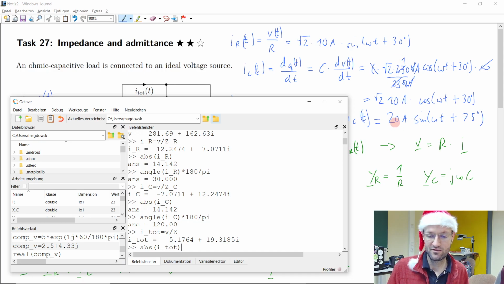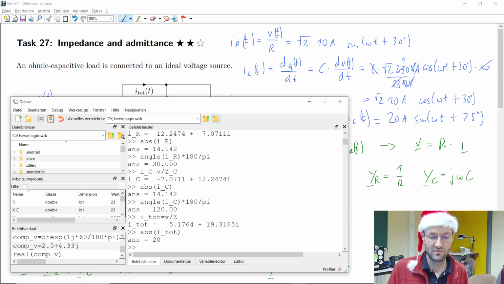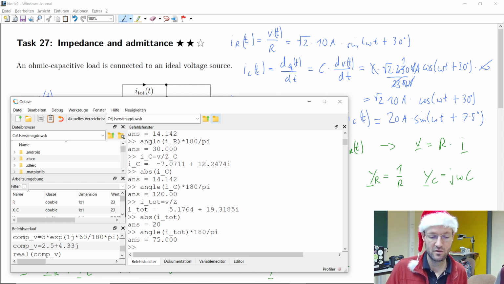That we get the 20 that we had here, and we also get the 20. And if I calculate the angle of this total current, then we should get the 75 that we had before. And we also get the 75 that we had before.